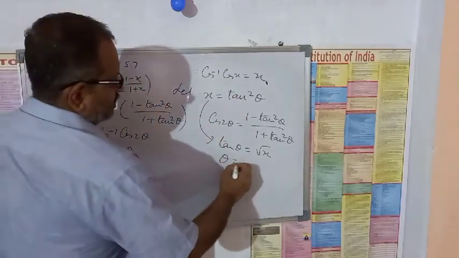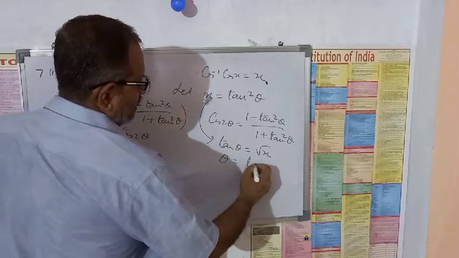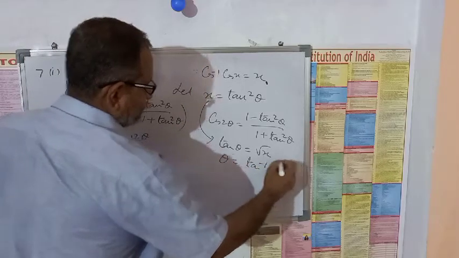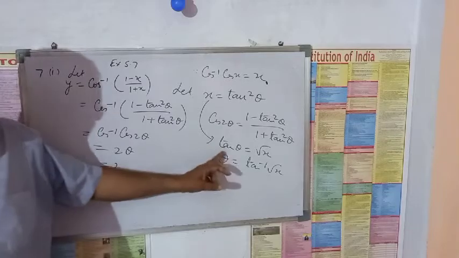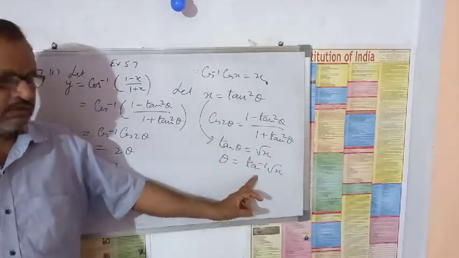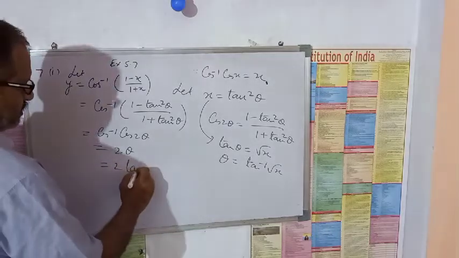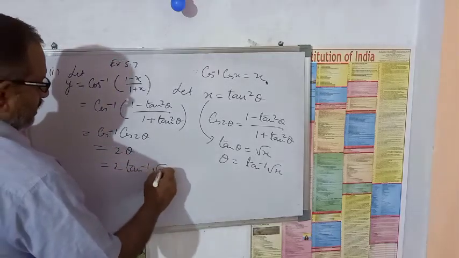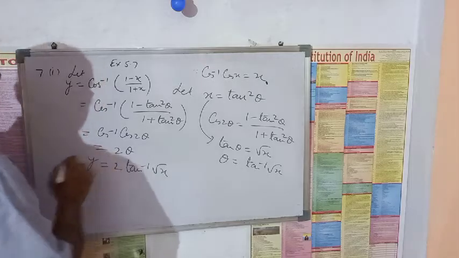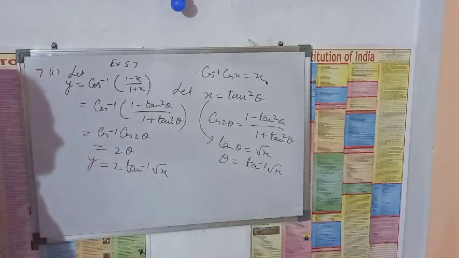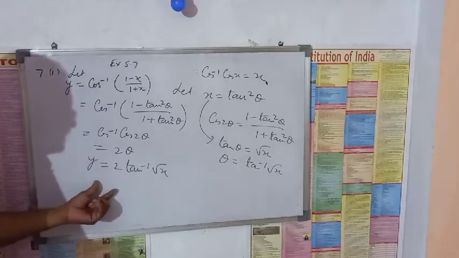What will be theta? It will be tan inverse root x. So write here 2 tan inverse root x. Okay. Now we will differentiate it.